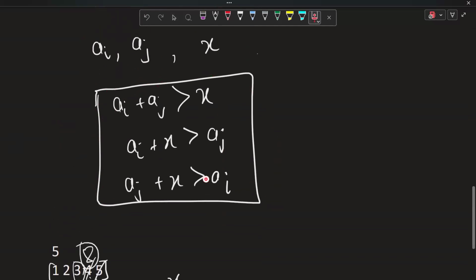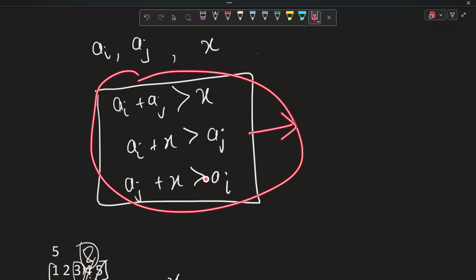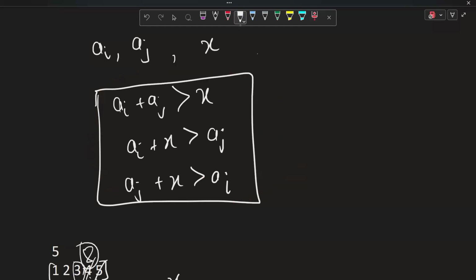So first thing is, for a triangle to be non-degenerate, there are three conditions, but you can actually write these three conditions as a single condition. If you have three values, let's say you sort them, and whichever is the maximum value I am calling mx, and the other two values are y1 and y2.